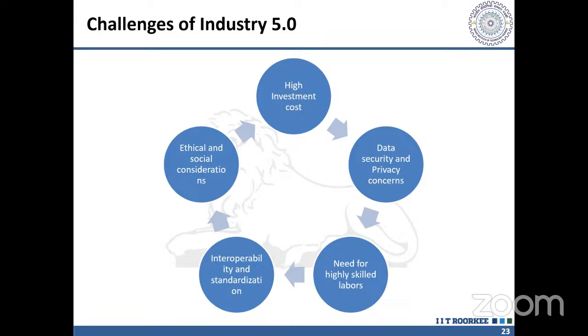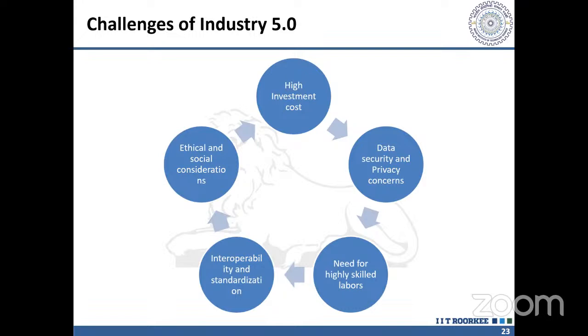For example, a company that uses proprietary data analytics tools may need to ensure that it can interoperate with other systems used by suppliers and customers. So it requires collaboration with other companies in the supply chain to agree on standards and protocols for the data exchange.